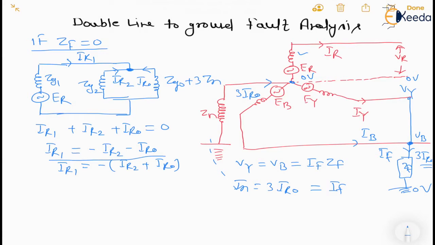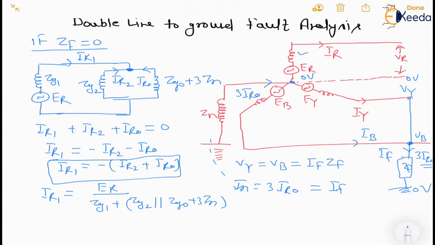So this is the relation we got between these three currents. And one more thing, from here we can calculate the value of IR1. So what will be the value of IR1? The value of IR1 will be equal to ER upon ZG1 plus ZG2 in parallel with ZG0 plus 3ZN. This is how you can calculate the value of IR1.